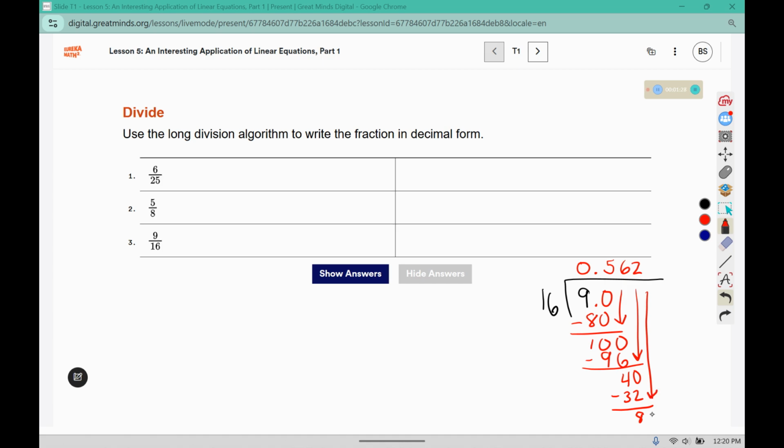Bring down another 0. And 16 fits exactly into 80 5 times. So this one is 0.5625. Please divide 5 by 8 and 6 by 25 to find the decimal version of those two fractions.